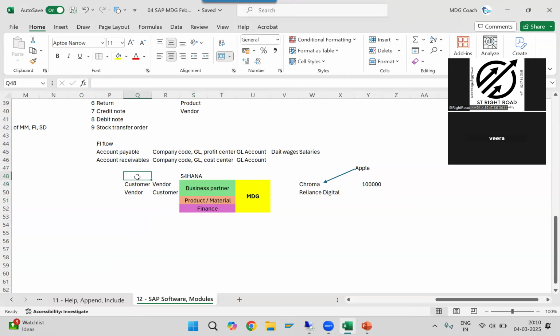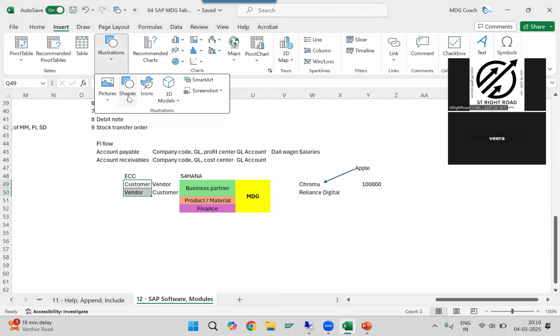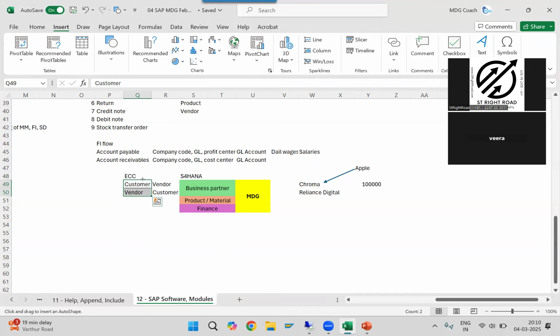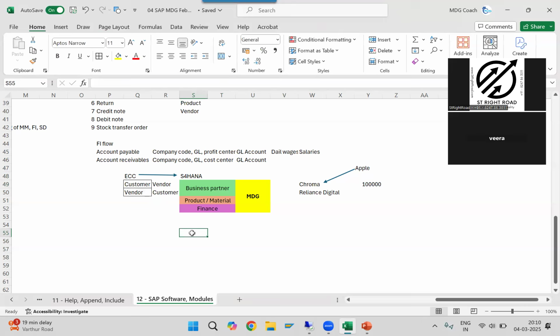Before, in ECC, we called them customer and vendor. That is ECC terminology. In HANA, we have only one business partner. In ECC, we have two, customer and vendor. At the time of migration and evolution, from the business perspective and software architectural point of view, they named it a business partner. Clear?